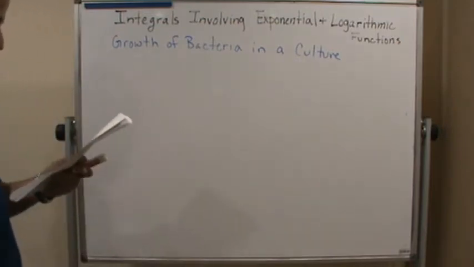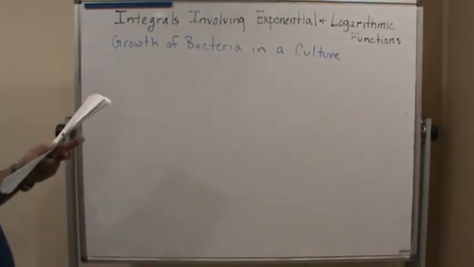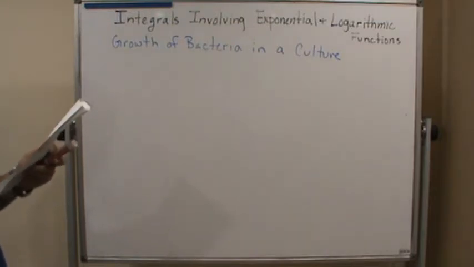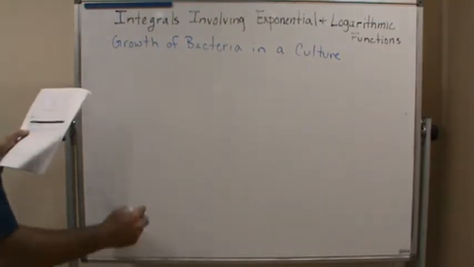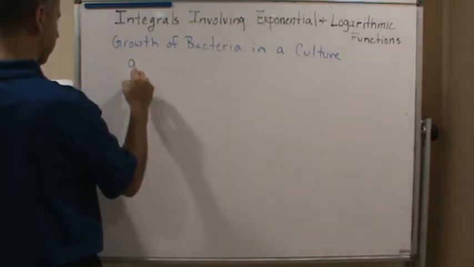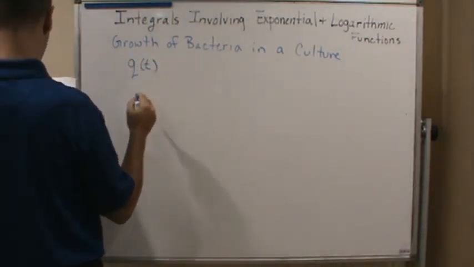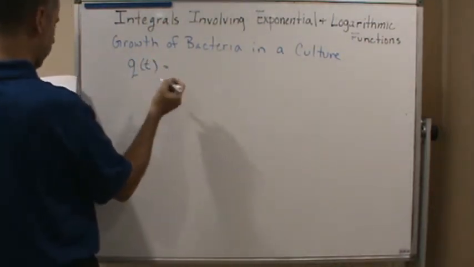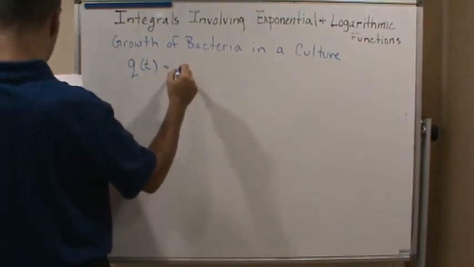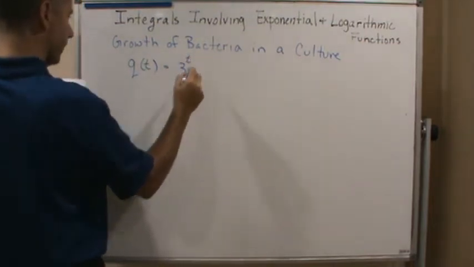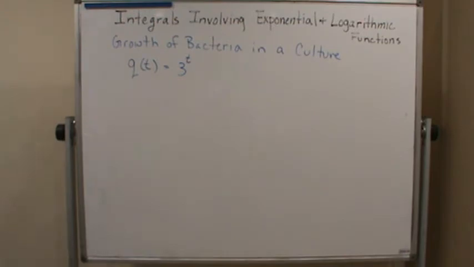Okay? So it says, suppose the growth rate of bacteria in a petri dish is given by Q'(t), so quantity over time, if you will. So it's given by 3 to the t power.